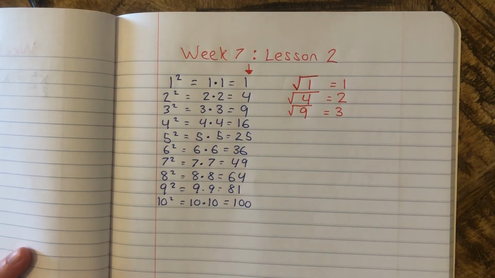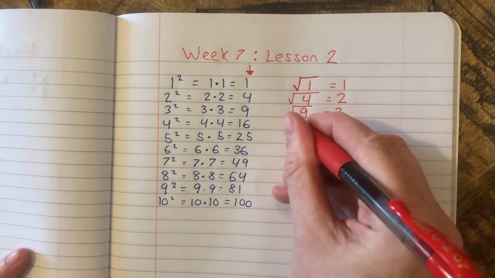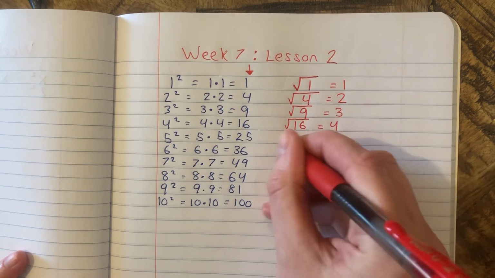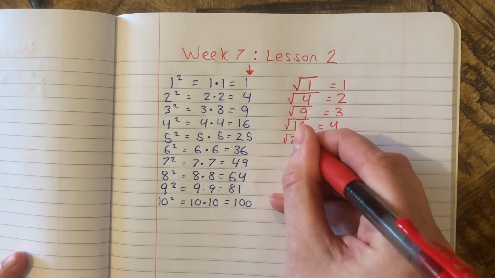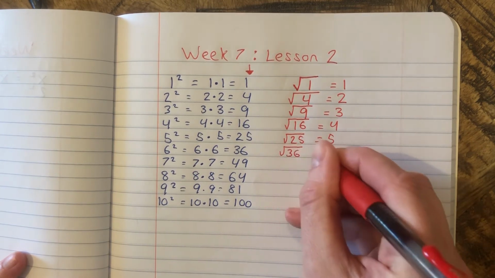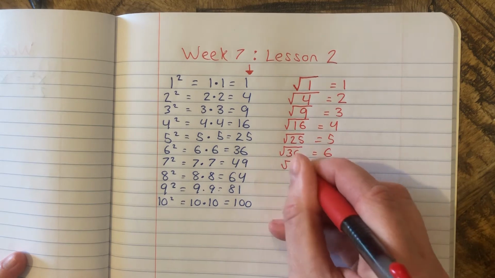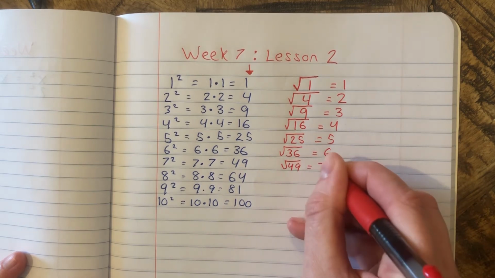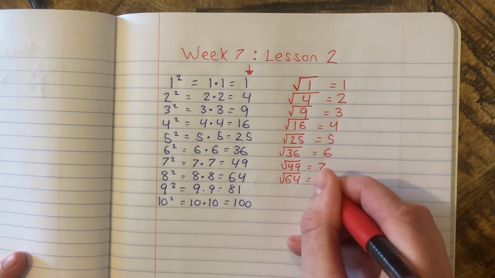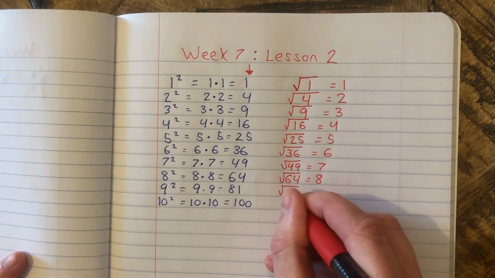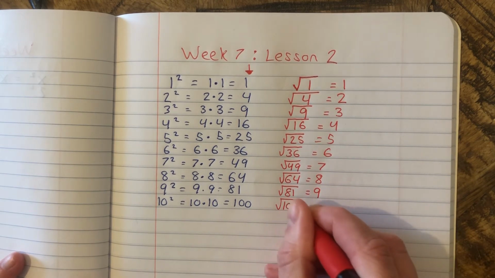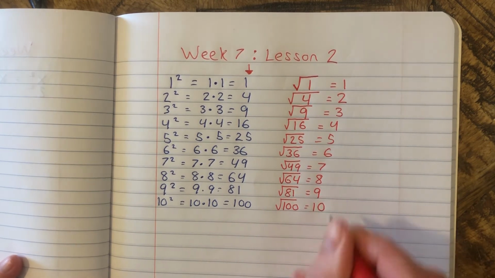They're inverse operations. So then we can follow that exact same pattern where the square root of 16 is 4, the square root of 25 is 5, the square root of 36 is 6, the square root of 49 is 7, the square root of 64 is 8, the square root of 81 is 9, and the square root of 100 is 10.